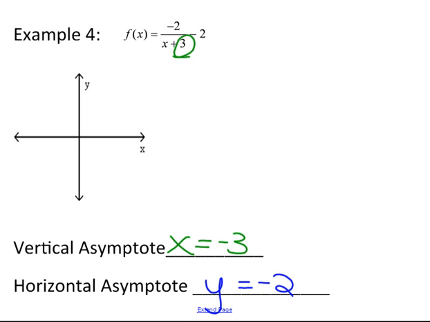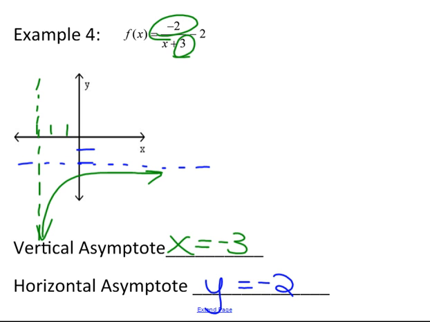Horizontal, vertical. 1, 2, 3. And we're going to take a look to see where we're going to put the two pieces of the graph. Check to see if that number is positive or negative. Since it's negative, we want the right side of the graph to be down. Negative, the right side of the graph has to be down. And remember, they have to be in opposite corners, so the left side is going to be over here.